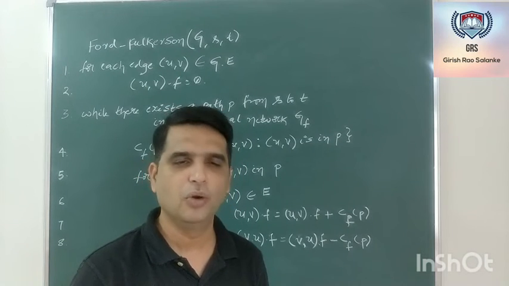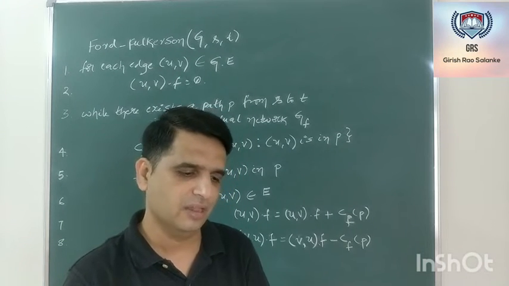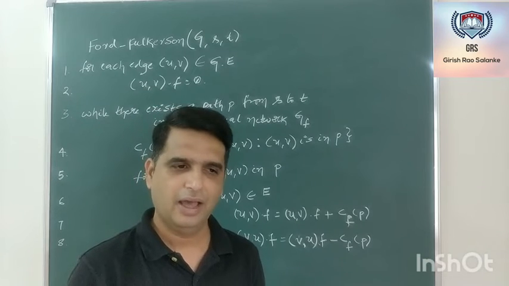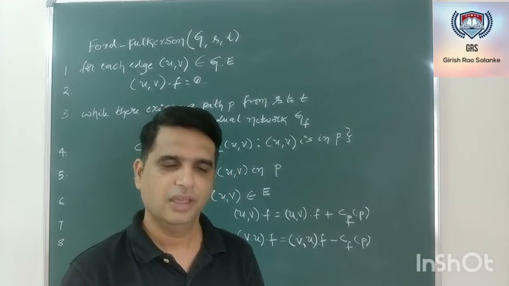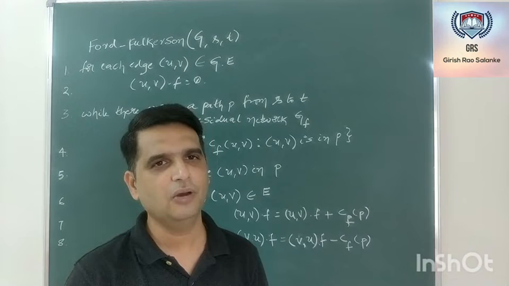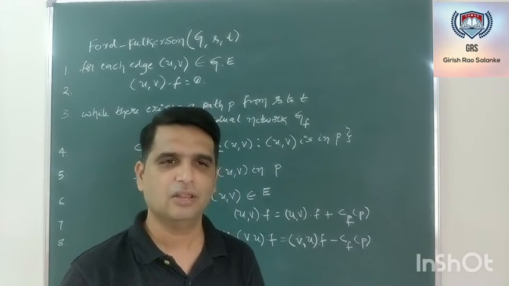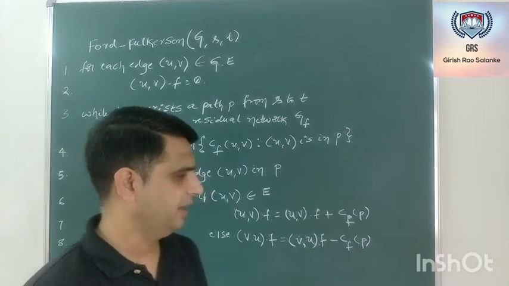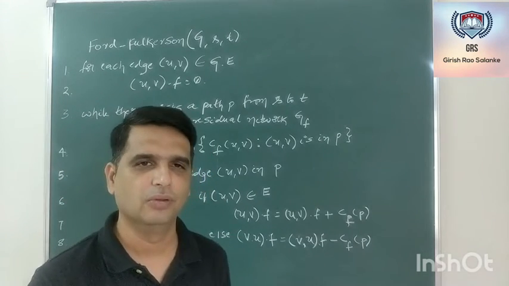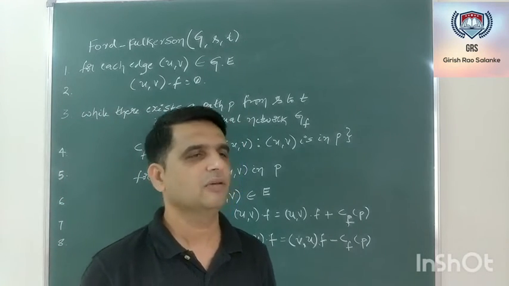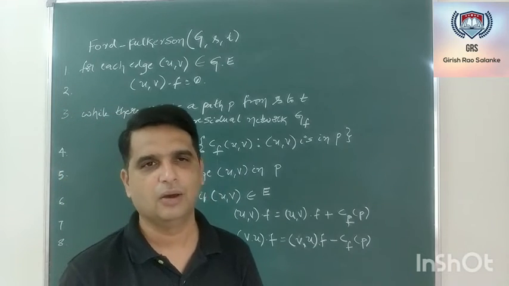That means if flow is less than the capacity, then I need to have the forward edge. If flow is greater than 0, we had two things: I need to have the forward edge, as well as the backward edge. This is about the backward edge flow. Hope this is clear. This was about the Ford Fulkerson algorithm.